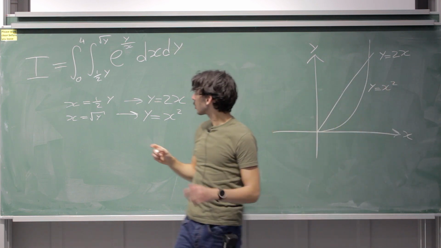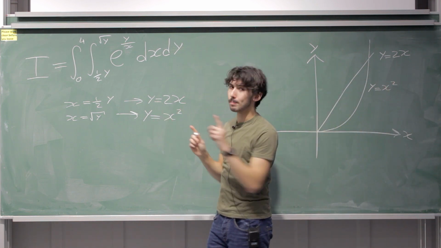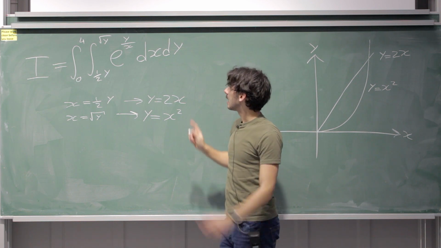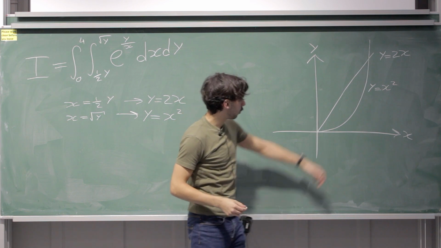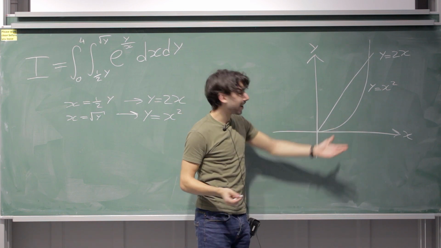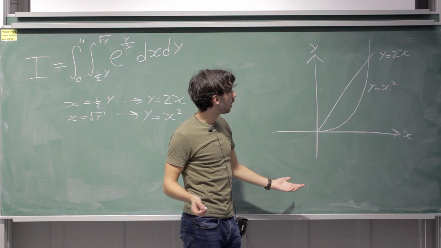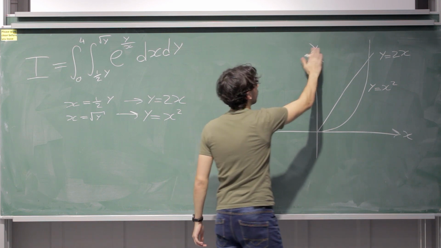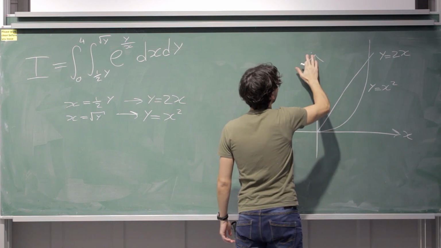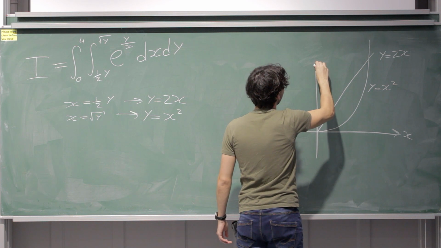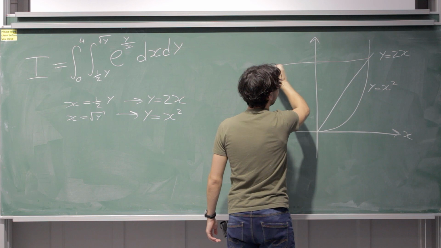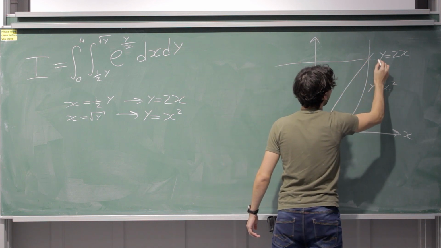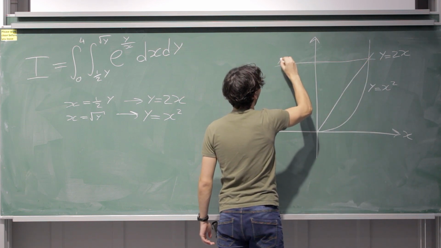Okay. So in the x direction, we're bounded between those two. In the y direction, we're bounded from 0 to 4. So y equals 0. Where could y equals 4 be? I'm going to make this a little bit taller. Imagine this was a straight line, it will be here. This is the line y equals 4.